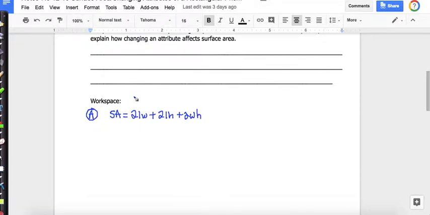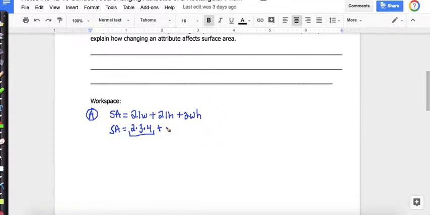Now, we're going to look at the chart and figure out what the length and the width and the height are. So bring down your 2. The length is 3. The width is 4. And remember, box it in, because order of operations would tell us to do that part first.